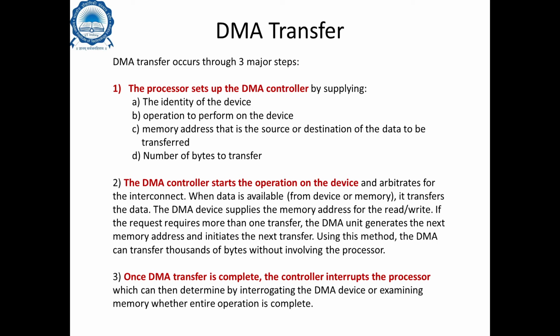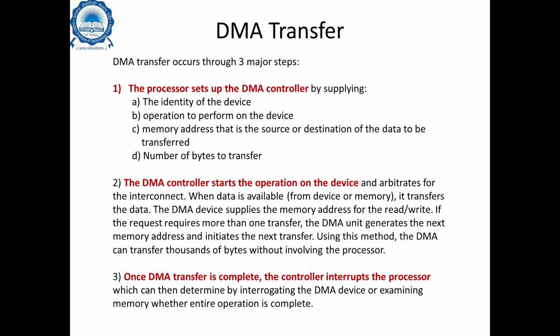Now let me look at what we do when we have a DMA transfer. What are the three major steps for a DMA transfer? The first step is that the processor sets up the DMA controller, which is the device controller, by supplying the following four pieces of information. The first is the identity of the device.